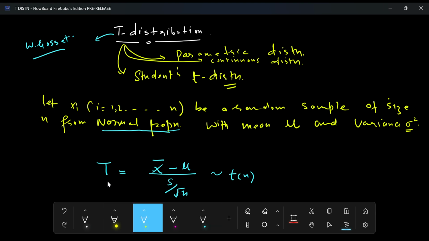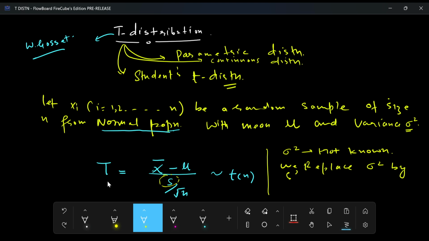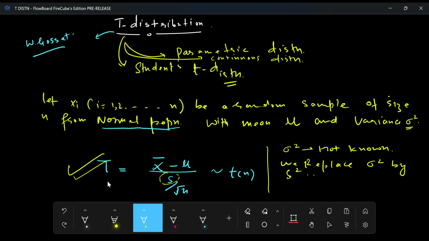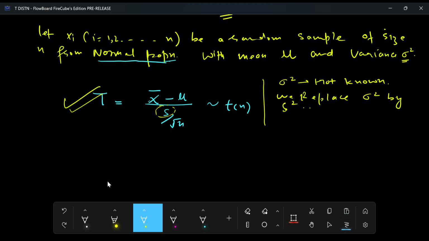Whenever sigma square is not known, we replace sigma square by s square, and the distribution becomes T distribution.